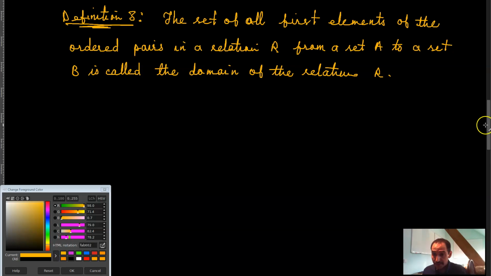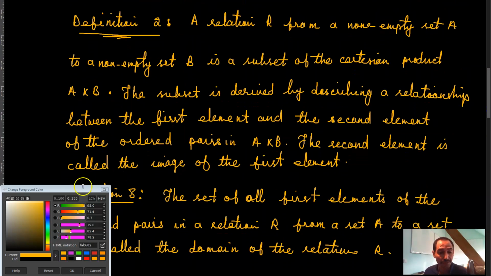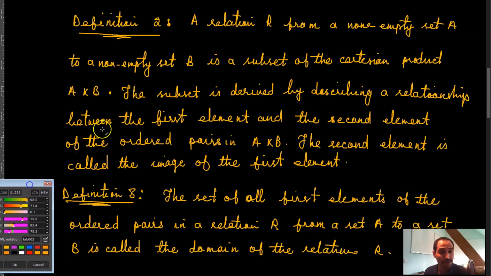So what this definition means, first of all, let's go back to this definition here, which is saying that a relation R from a non-empty set A to a non-empty set B is a subset of the Cartesian product of A and B. The subset is derived by describing a relationship between the first element and the second element of the ordered pairs in A times B. And the second element is called the image of the first element.